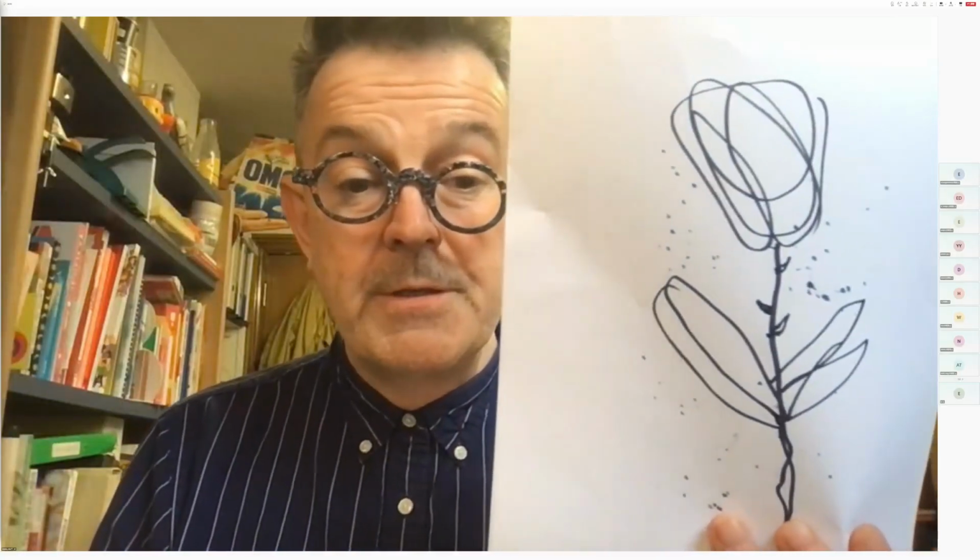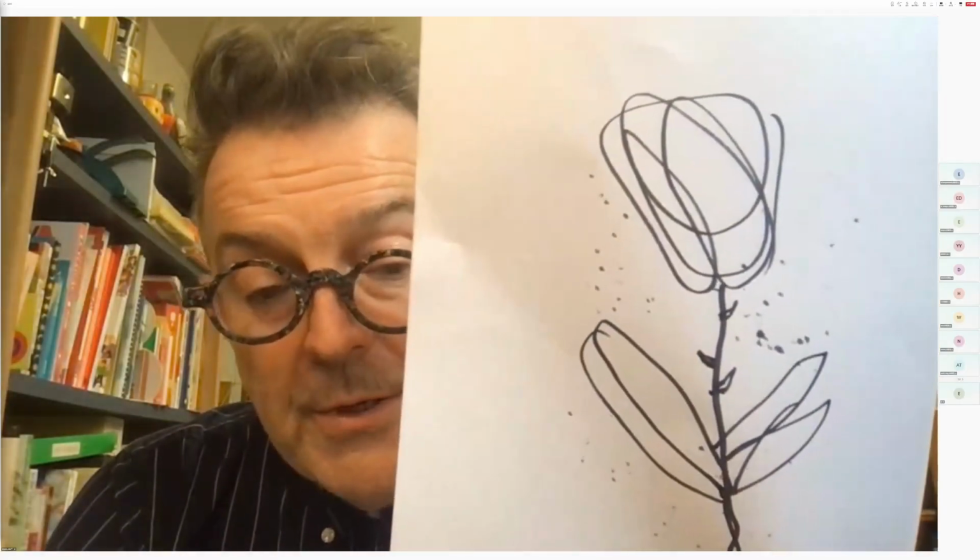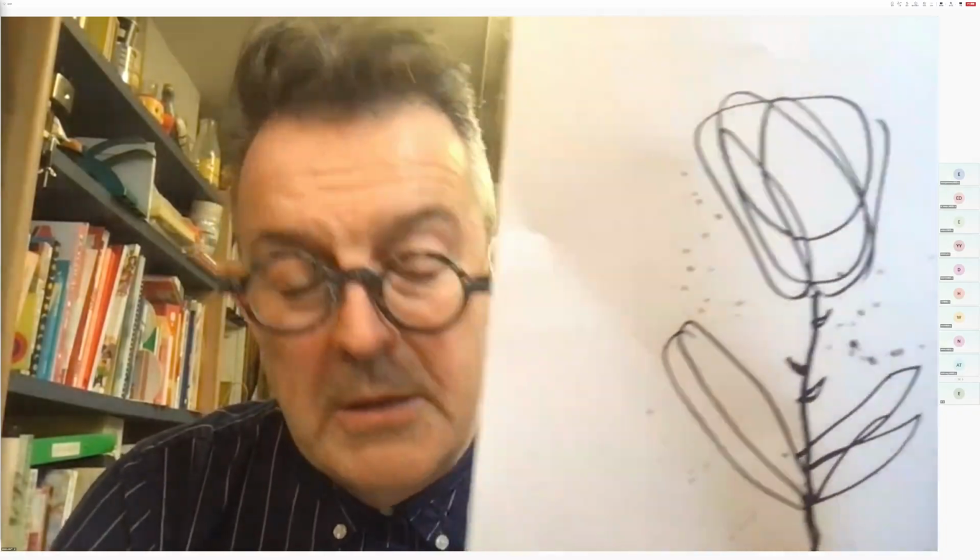Rose. Now, you can see that is not my best drawing I've ever done, but it doesn't matter because we're creative people. All we're doing is making a visual shorthand to just discuss it with yourself or with others. We get that that's a rose, I think. It's just a bit of scribble, really. But it's something that you can start talking to yourself about or with others about.